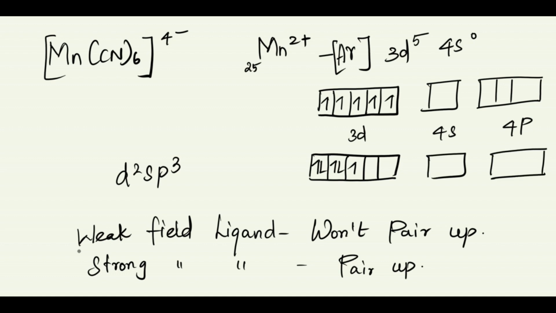Once it became like this, there are 2 empty spaces where the CN can occupy. Two empty spaces in 3d, 1 in 4s and 3 in 4p.